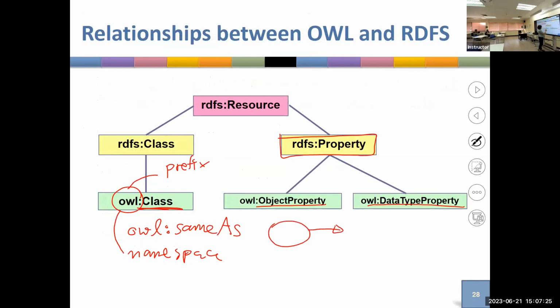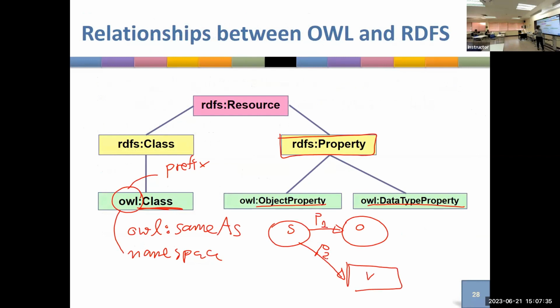remember, subject, predicate, object; subject, predicate, value. For this property P1, the domain is the class for the subject. The range will be the class for the object, right? For this property P2, the domain is the class of the subject.